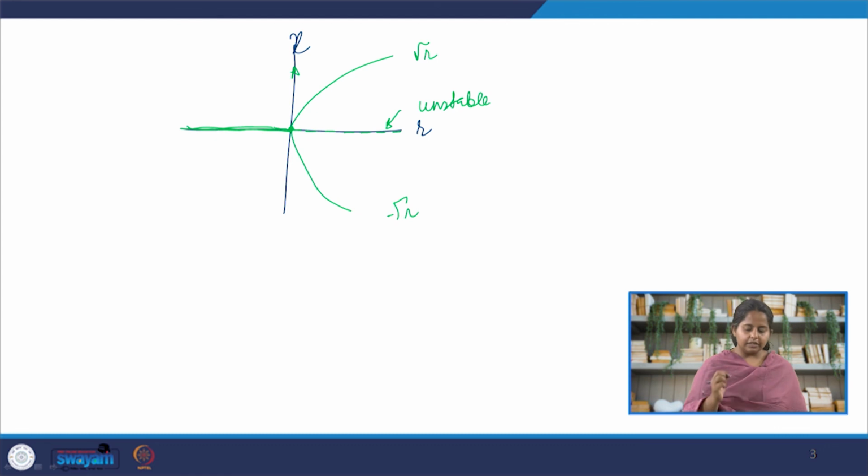So, notice that I show stable fixed points using a simple line, and I show unstable fixed points by a dashed line. In the exam, if I ask you to draw the fixed points in the diagram of fixed point versus parameter, it is very important that you remember a dashed line goes for unstable fixed points and a simple line goes for stable fixed points.